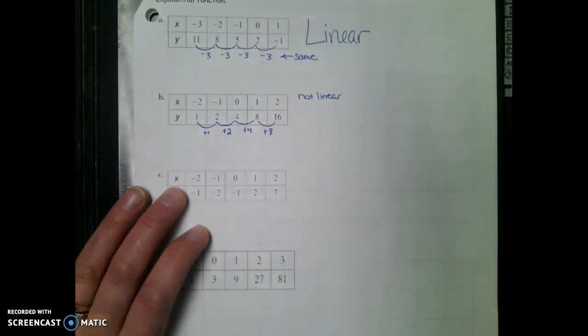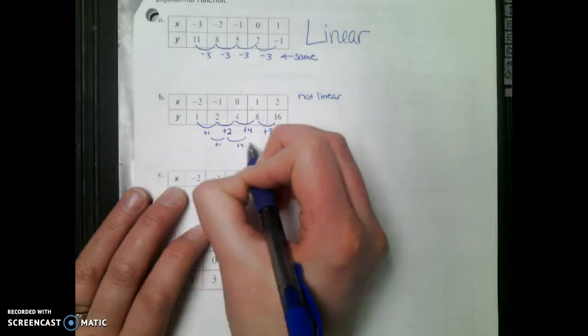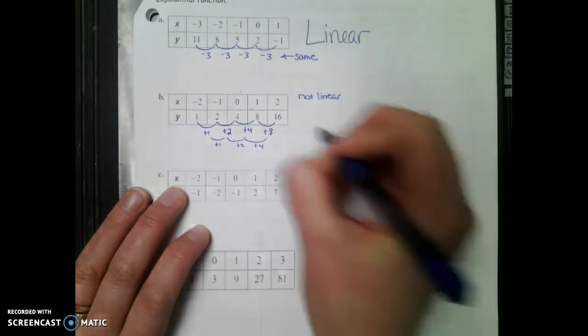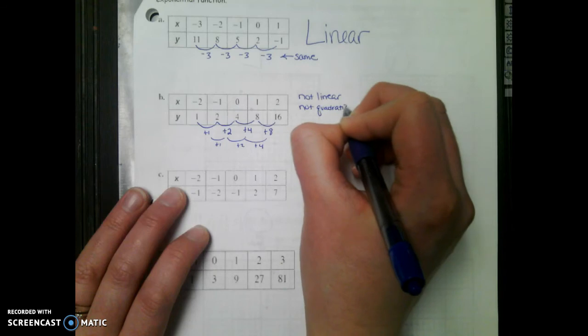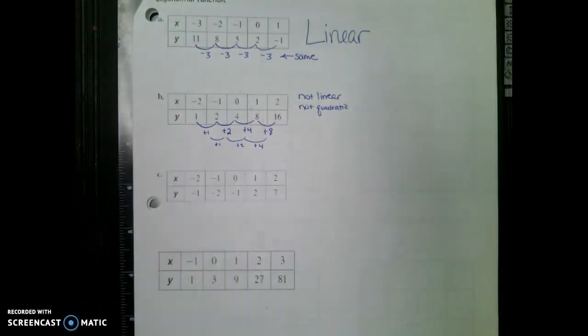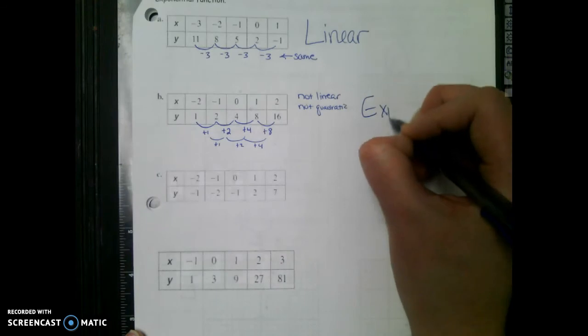Is the second level of differences the same? Plus 1, plus 2. Okay, definitely not quadratic. And I'm seeing that same pattern happen over and over again. 1, 2, 4, 8. This is exponential.